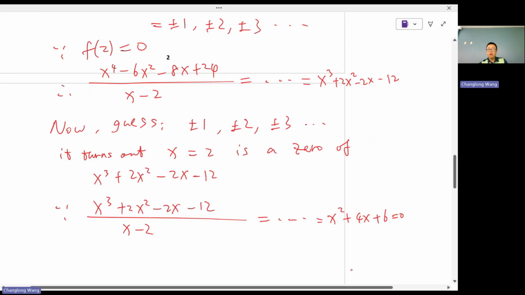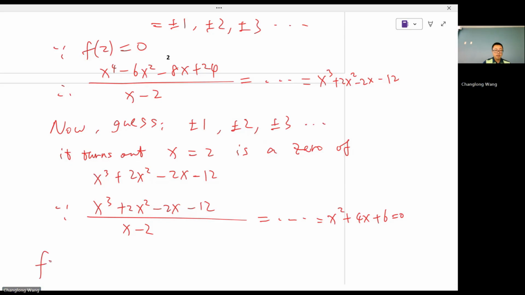Okay. So when you get to the quadratic, you don't have to factor it anymore. Now, at this point, we have figured out the original function f of x has a factor of x minus 2 for 2 rounds, right?